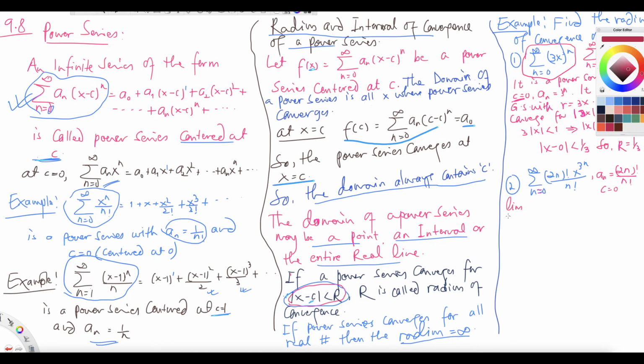Limit as n tends to infinity of a_{n+1}. Okay, and then let us not write a_{n+1}. If you remember the ratio test, that whole thing was considered as a_n. Because we have a different a_n here, we have a different notation.